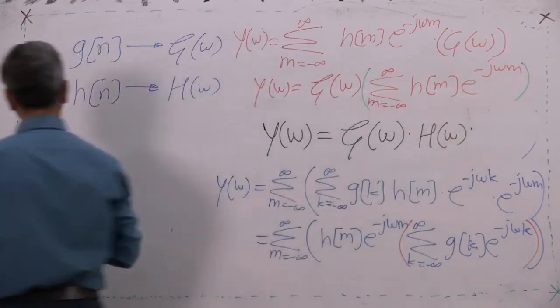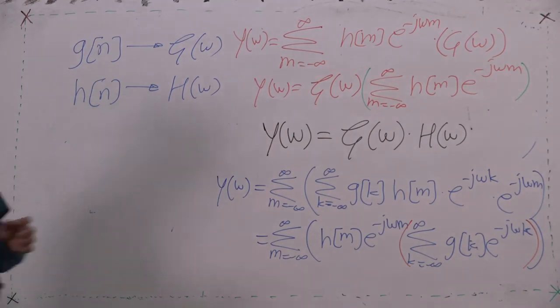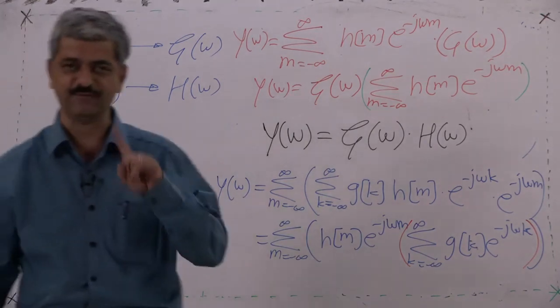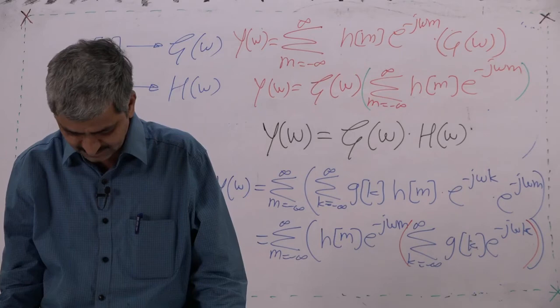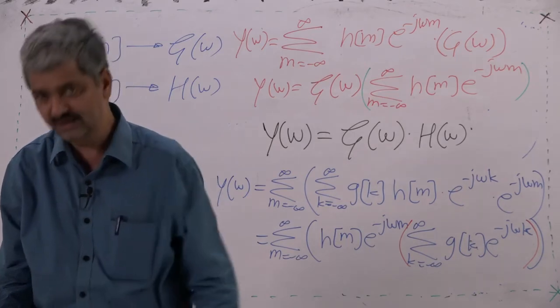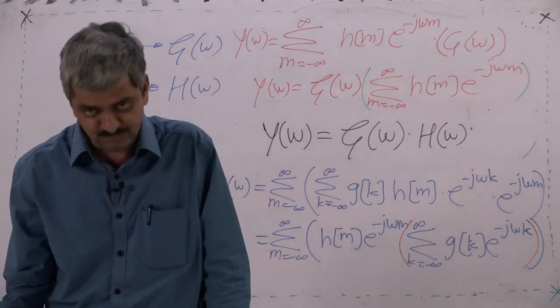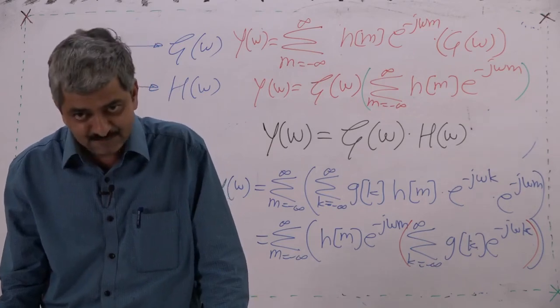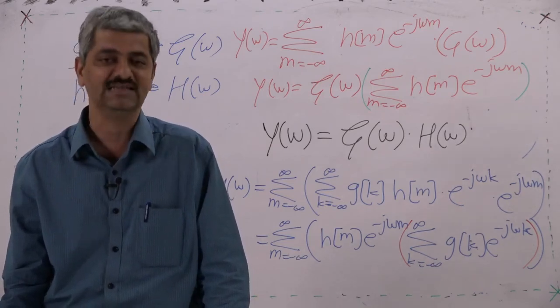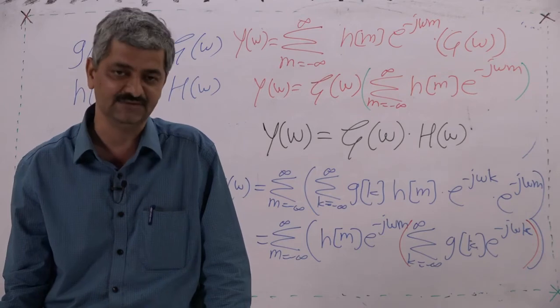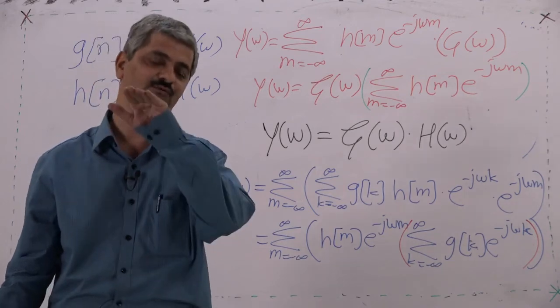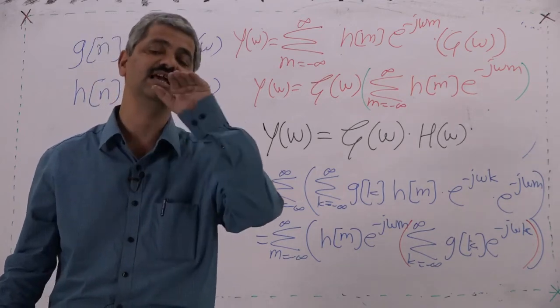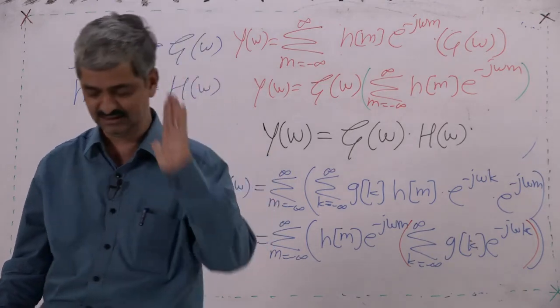That is, if we have convolution of input sequences, then DTFT of convolution is multiplication of DTFTs. It is very clear.